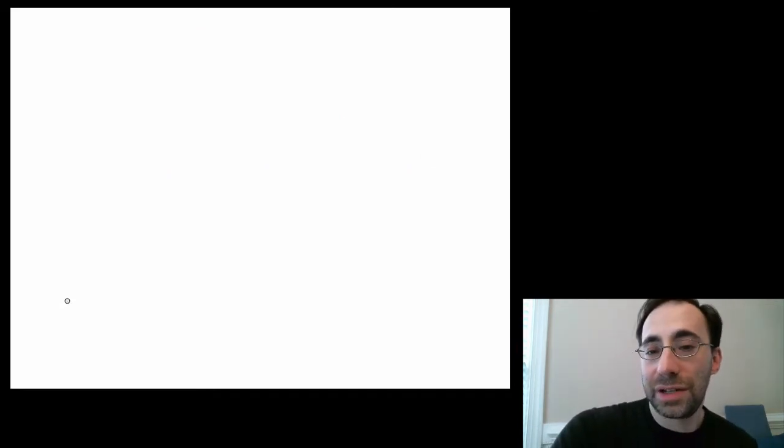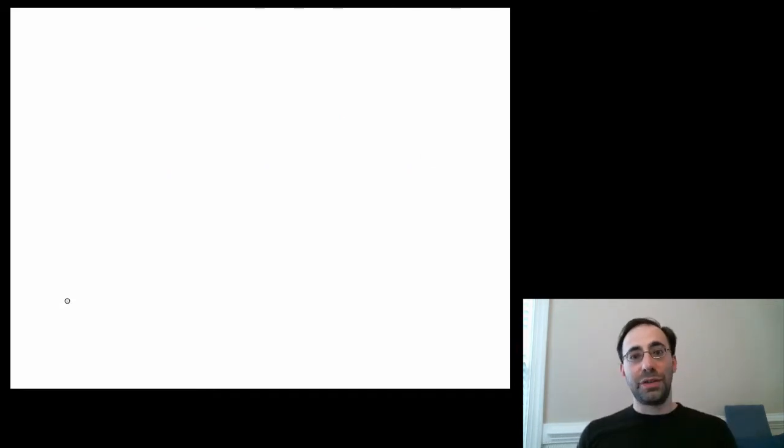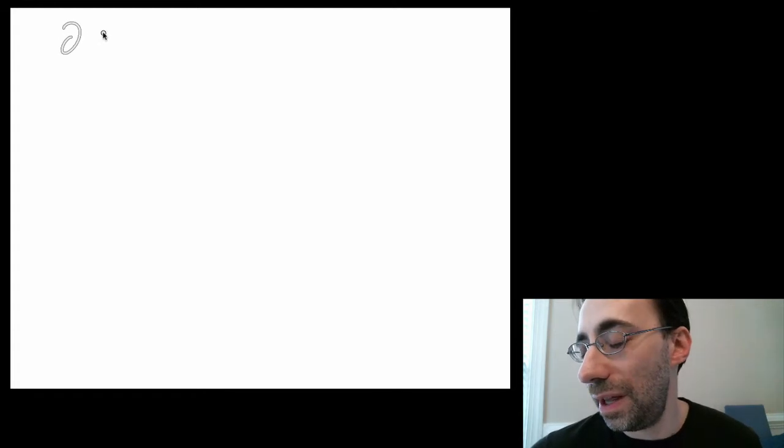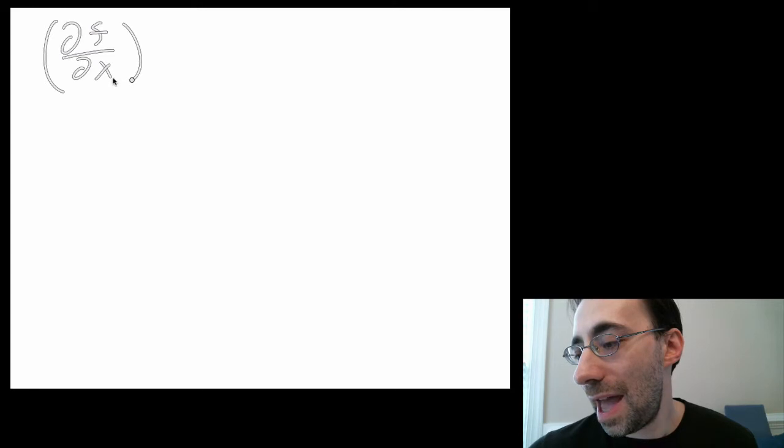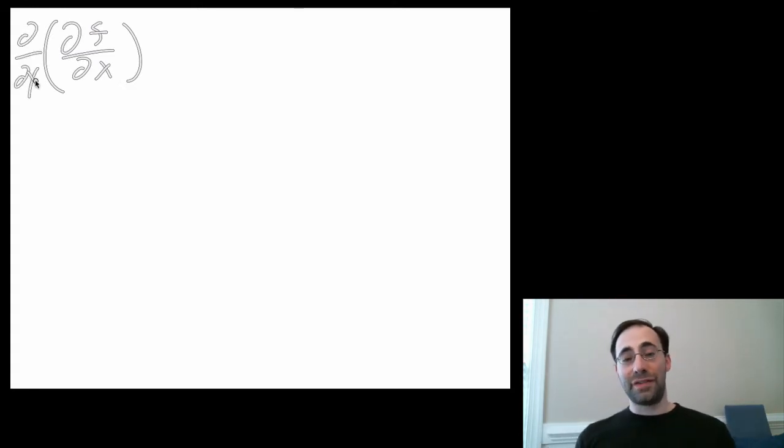Now what I've left out here is an important case, which deserves its own little section, which is what happens when you take a derivative with respect to two different variables. So for instance, what if you take first the derivative with respect to x, and then the derivative with respect to y? First you treat everything else as constant and take the derivative with respect to x. Then you differentiate that answer and take the derivative with respect to y, treating x as constant now.